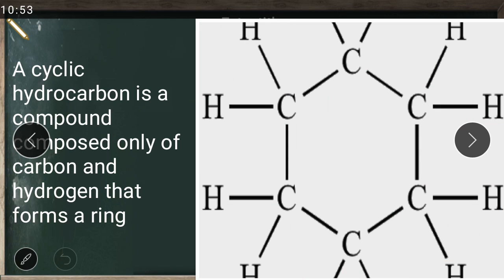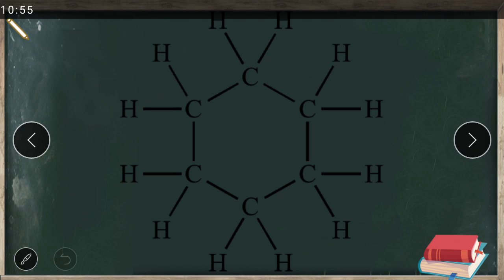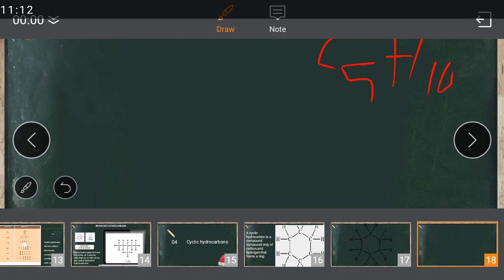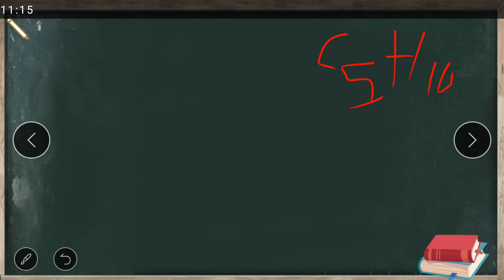So it is called a cyclic hydrocarbon. Now let's draw another cyclic hydrocarbon. Its name is cyclopentane, and its formula is C5H10. It has 5 carbon atoms and will make a circle-like shape.